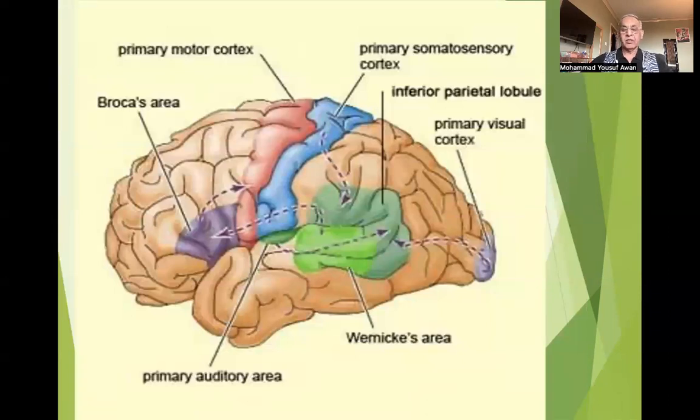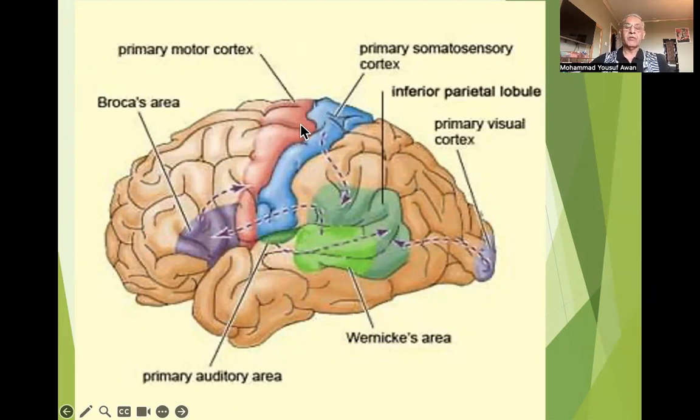If you focus on this slide, there are 2 red areas and a blue area. The demarcation between these areas is called the central sulcus.